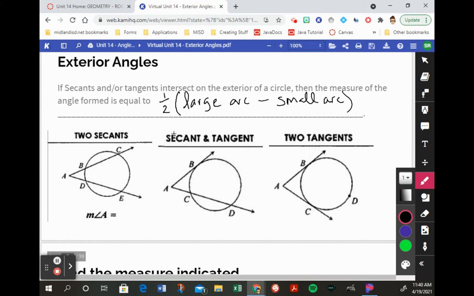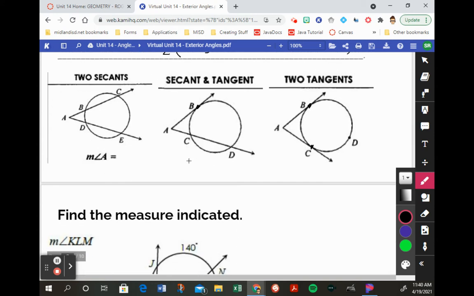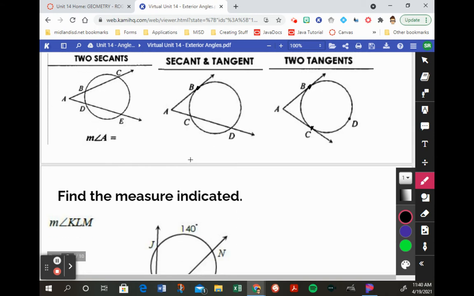And I've got 3 different pictures here. I've got 2 secants, a secant and a tangent. Remember, a tangent touches in one spot, or 2 tangents. Tangents only touch in one spot. And so the measure of angle A on this one would be 1/2 of CE minus BD.